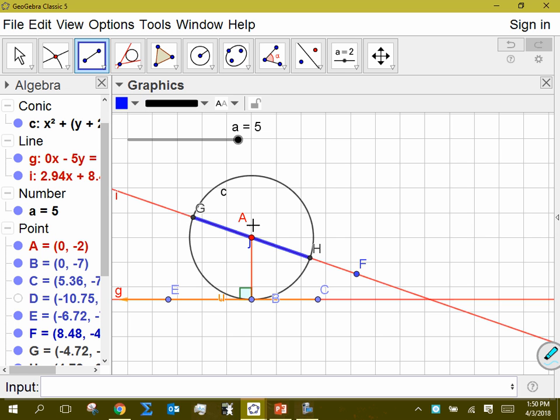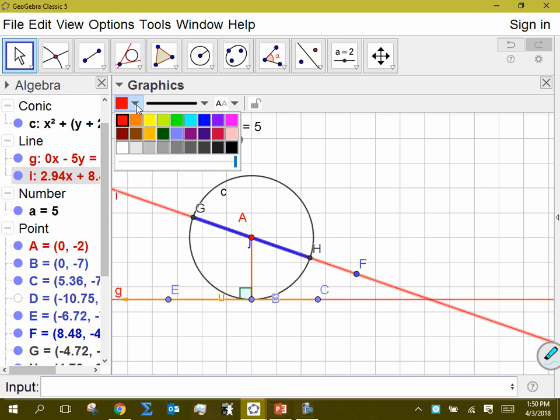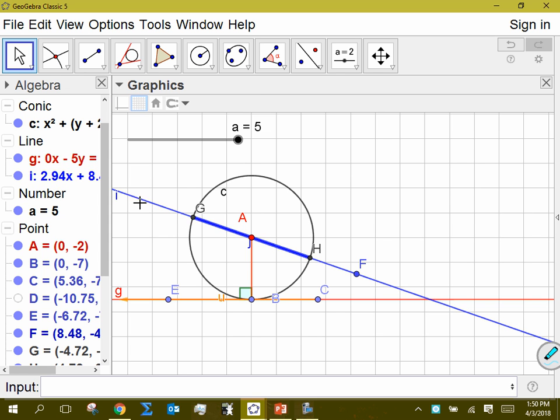Okay, so that blue line is a diameter. If I extend that blue line as a segment, okay, so I'm talking now about extending it as a line. So take that thick blue segment, extend it as a line.